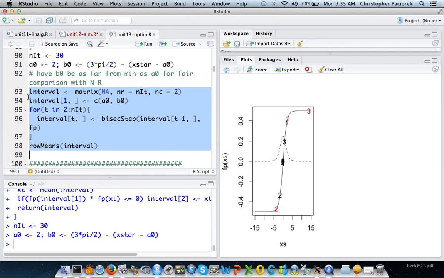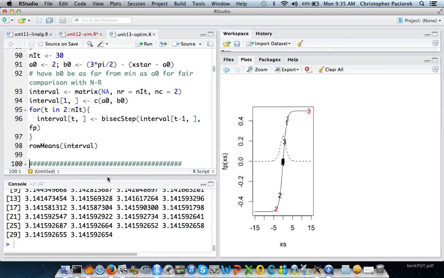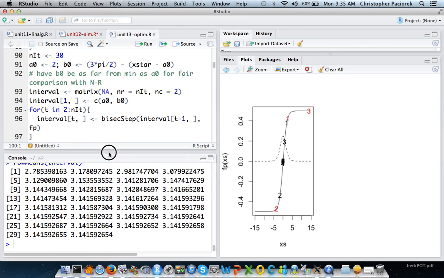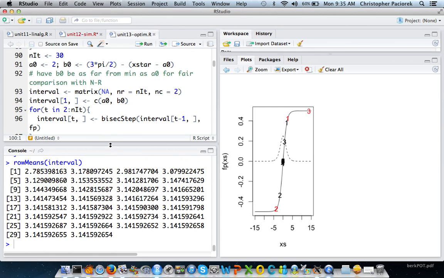So I set up a starting interval, and then I proceed with my bisection. I take the current estimate to be the average of the endpoints of the interval. And remember, I'm halving the interval at each step when I'm doing bisection. And so when I do bisection, this is what I end up getting.